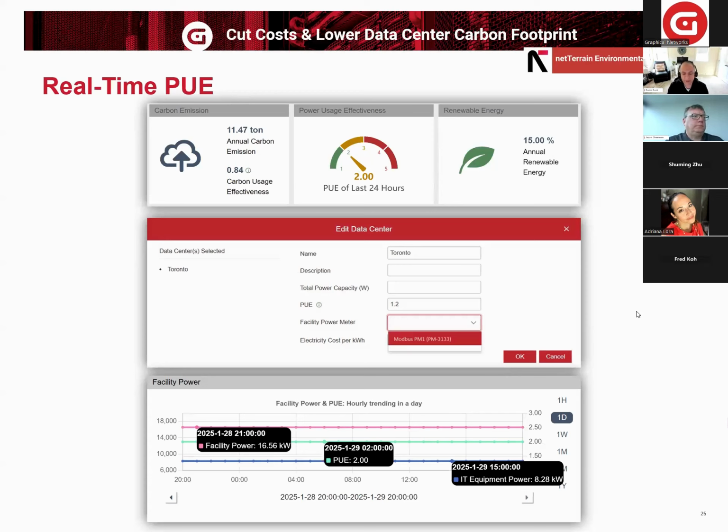First of all, let me back up and say that the DCM collects the real-time power of each device, right? And from there, combining that with the carbon intensity, which you can use as a reference for the location that the data center is in, to calculate that.